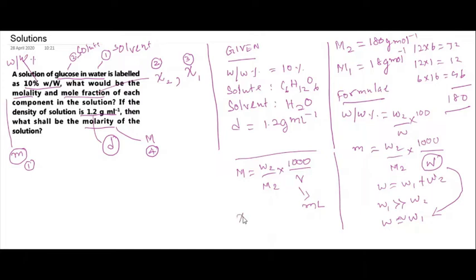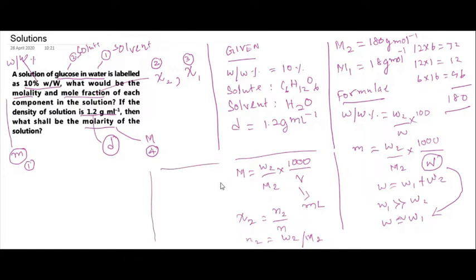Mole fraction is equal to N2 divided by the total number of moles, and N2 is equal to W2 by M2. So these are the required formulas to solve this problem.